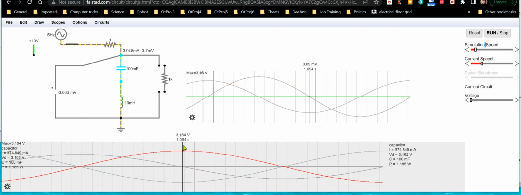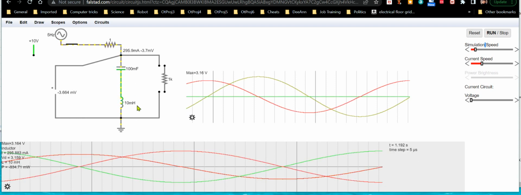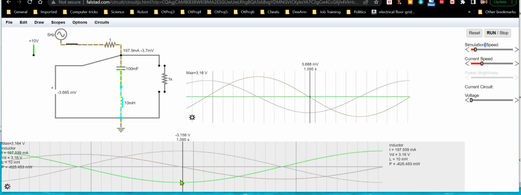So you really don't see a different value at resonance, because in a series LC circuit, the reactances cancel out, basically. So at resonance, the only thing you would see in that circuit if you had a resistor in it would be the resistance.